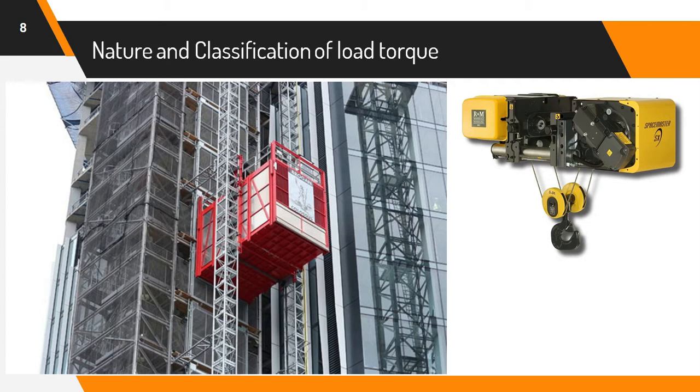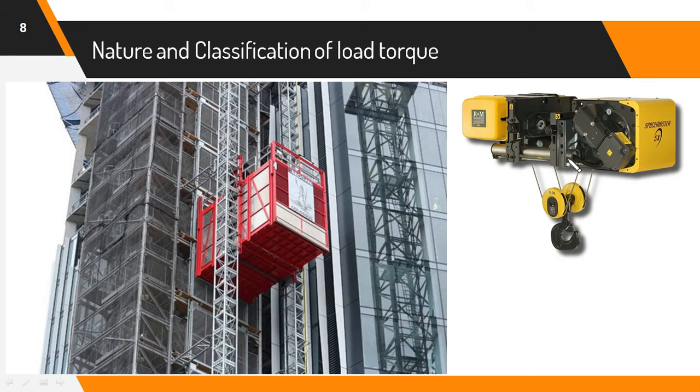Next we will see the nature and classification of load torque. The nature of the load torque depends on the particular application. Take a low speed hoist, for example, a construction hoist, which is used for lifting any material.